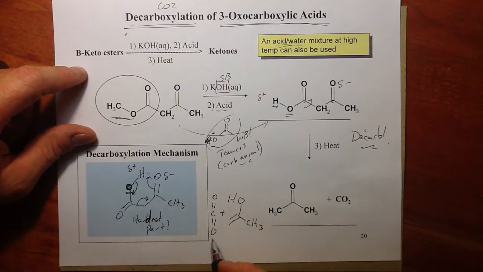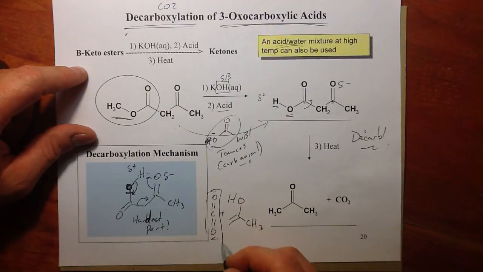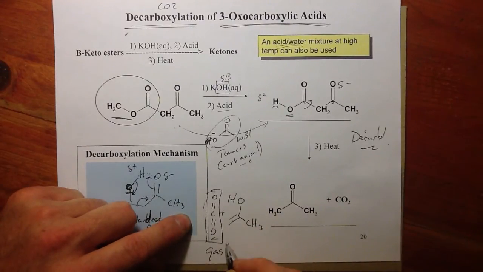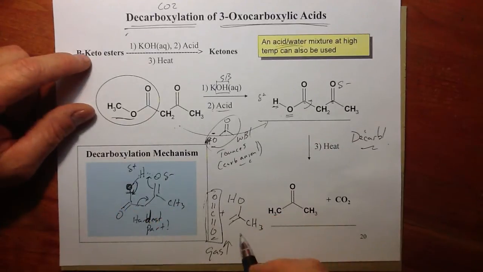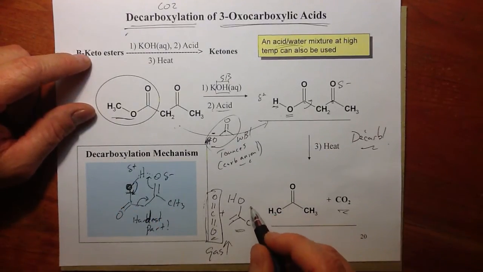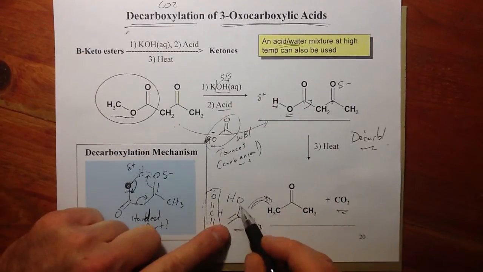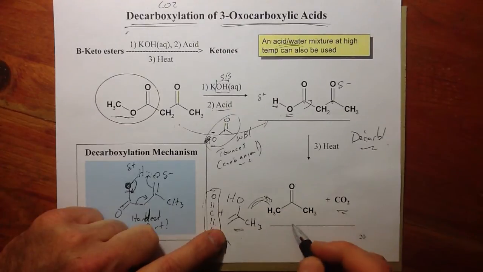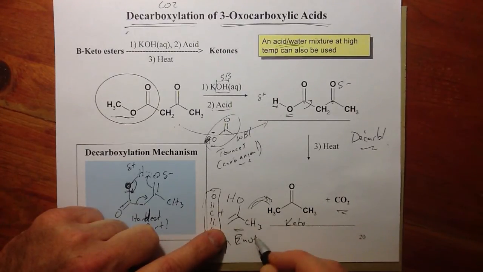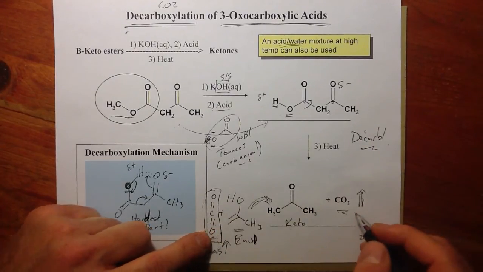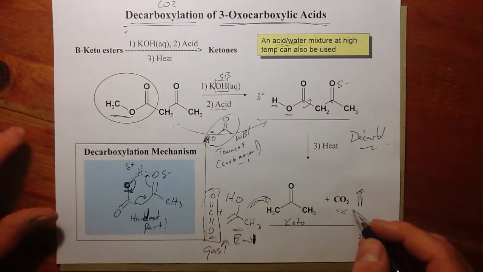This is not going anywhere, we still have that. Well, that's carbon dioxide. That can float off as a gas and be removed. I've shown the enol, but we know that would tautomerize and give us a keto. So this is the enol to keto conversion, which would happen in solution. And in the end, we release the CO2 as gas because this goes away.